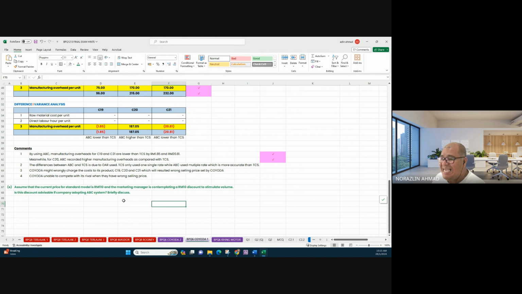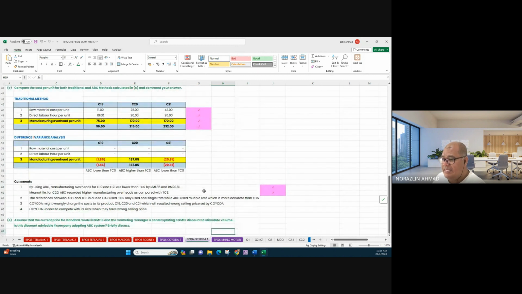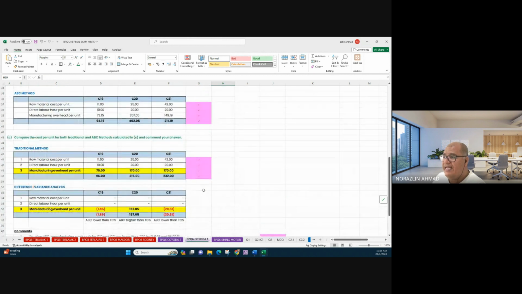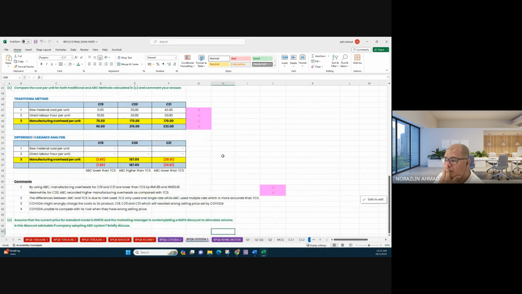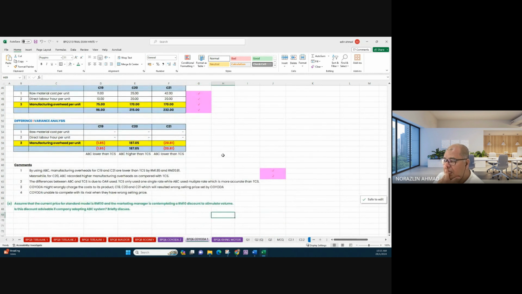Is this discount advisable if the company is adopting the ABC system? Briefly discuss. Okay. Now, by using the ABC, the standard model price, okay, we set at 94 ringgit and 50 cent. Discount 10.